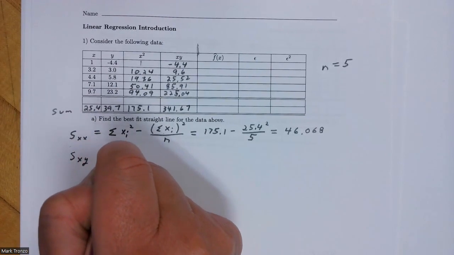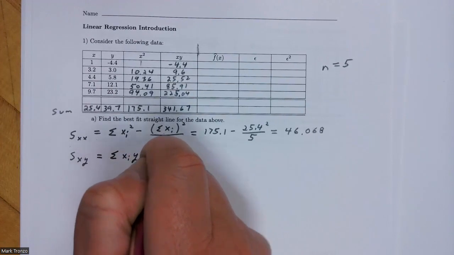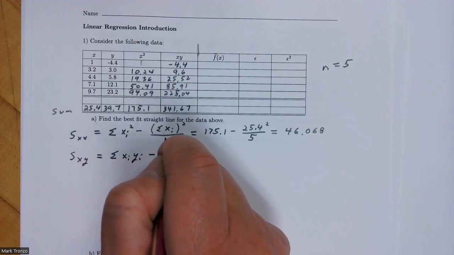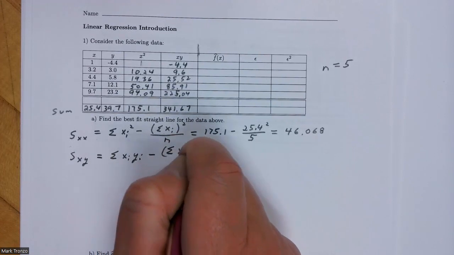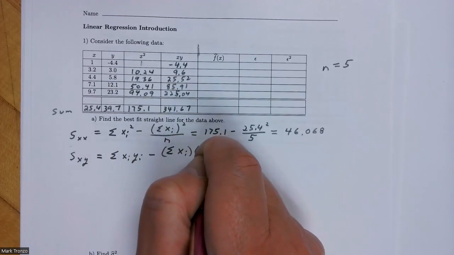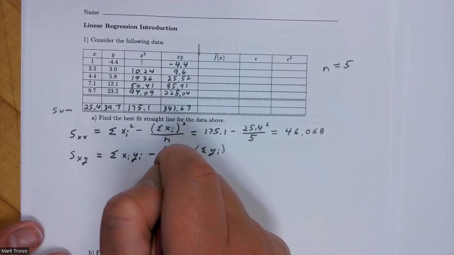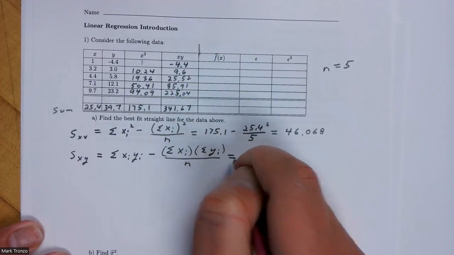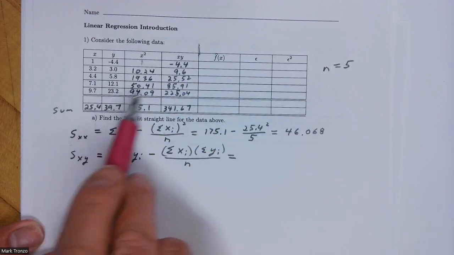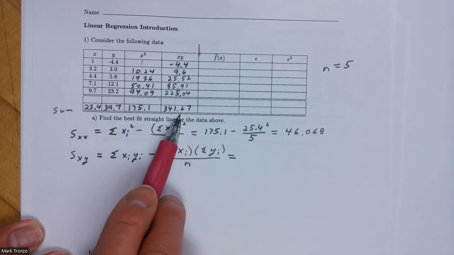That's going to be the sum of the xi's, yi's, minus summation xi, summation yi, divided by n, and the sum of the xi's, yi's is going to be this one here.